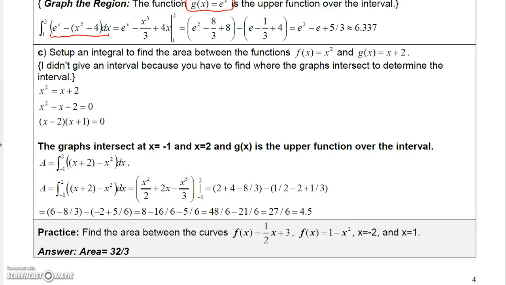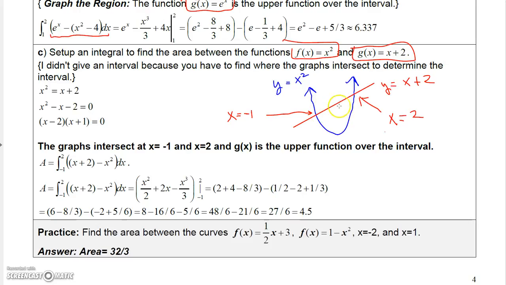Okay, let's finish up with one where you actually have to find points of intersection. This one says find the area between these two functions. Notice it doesn't give us an interval. The reason it doesn't is because it looks like this. If you graph this, the blue graph is y equals x squared and the red graph is y equals x plus 2.